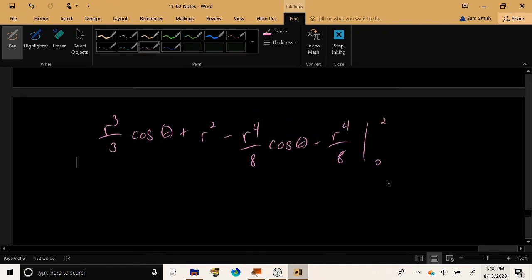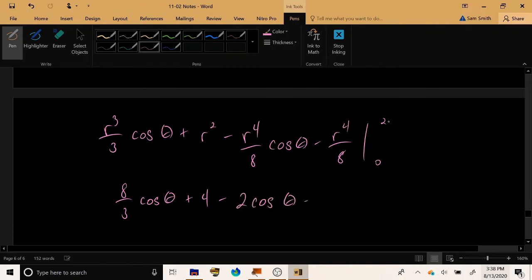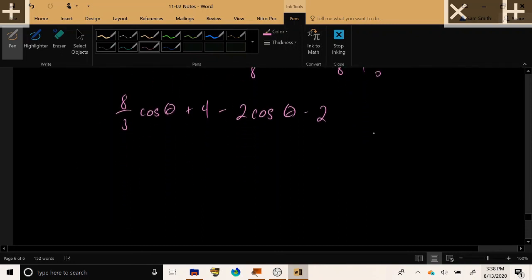Plugging in r equals 2 gives us 8/3 cosine theta. R equals 2 gives us 4. R equals 2 gives us 16 over 8, which is 2 cosine theta. Then 16 over 8, 2. And plugging in r equals 0 will cause all 4 of these terms to vanish.